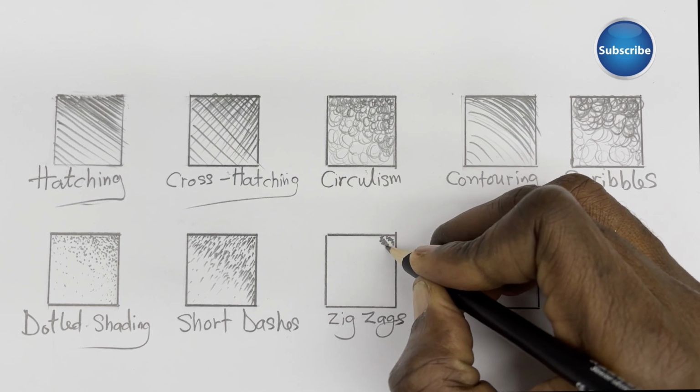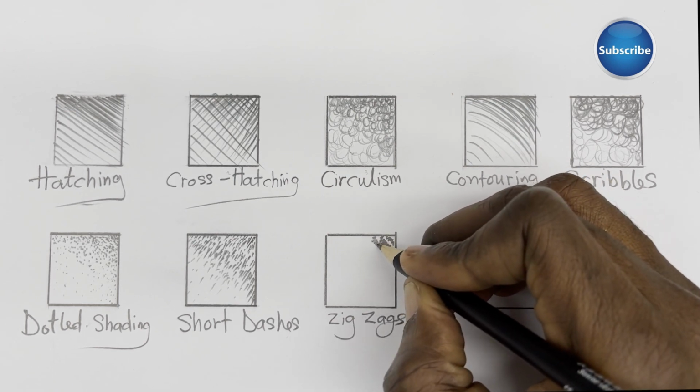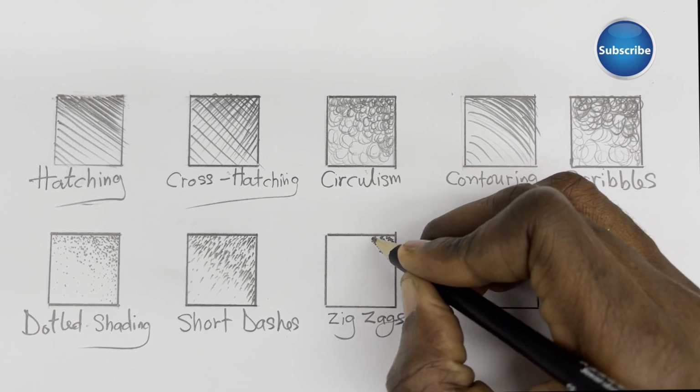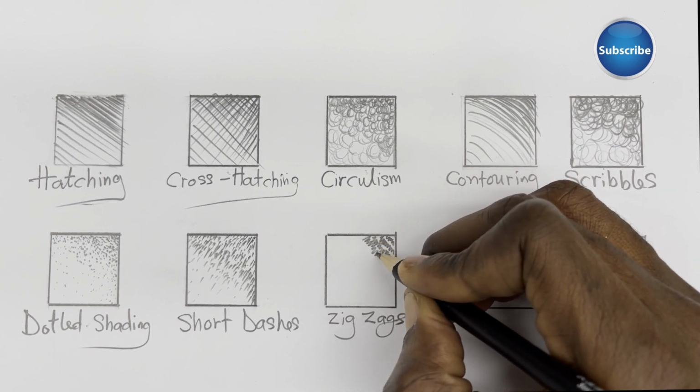So you can see I'm giving my zigzag. They are very, very close, so it shows where our dark source is coming from.